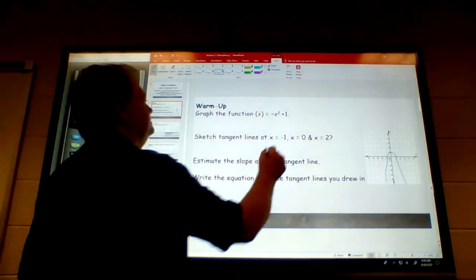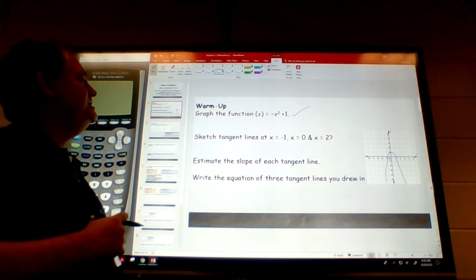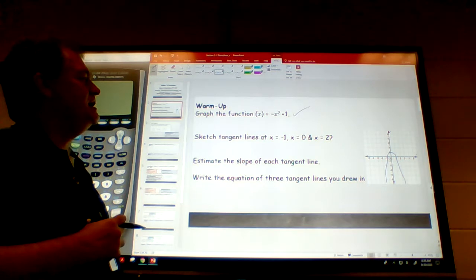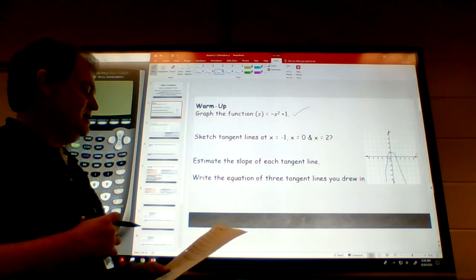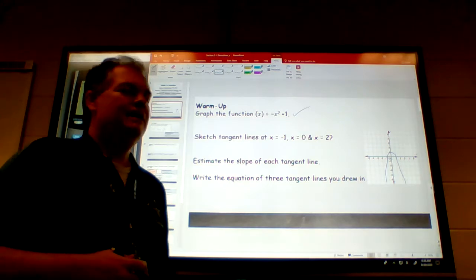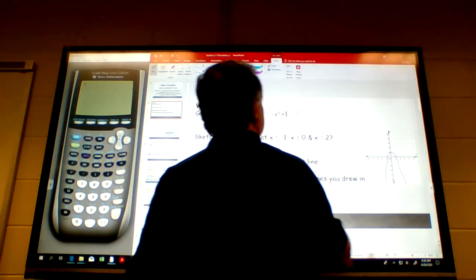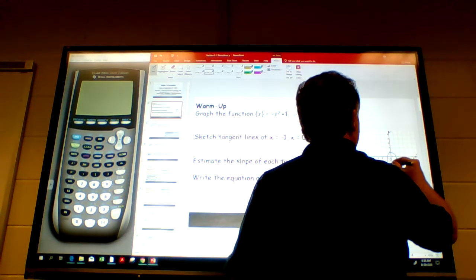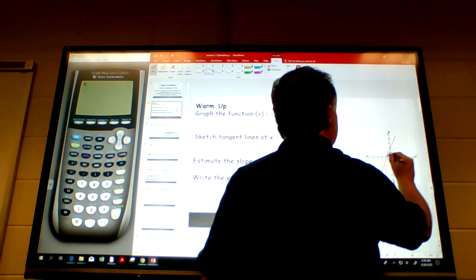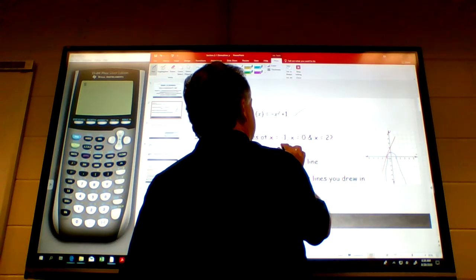So we've done that. Next, it says sketch the tangent lines at x equals -1, x equals 0, and x equals 2. Okay, so now here's what you've got to do. You've got to kind of estimate it. You can practice this on your own, but if I take the estimated tangent at x equals -1, the slope is going to be approximately 1.